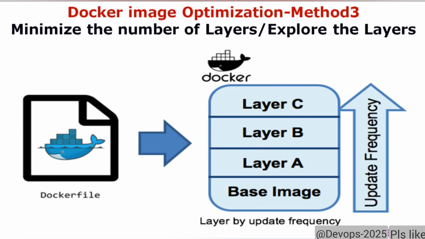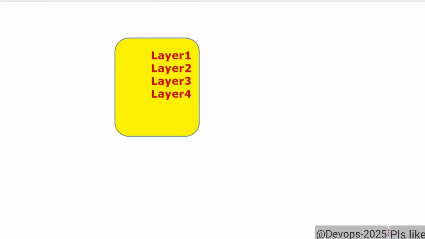inside your Dockerfile, if you use instructions like FROM, WORKDIR, COPY, ADD, RUN, CMD, every time you invoke these instructions, for every instruction a new layer will be created. So if you use any instruction 4 times separately, 4 layers will be created.